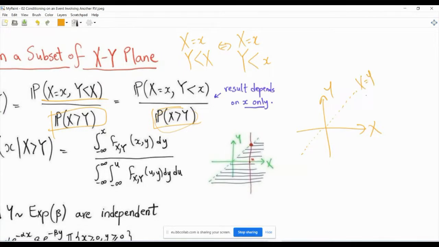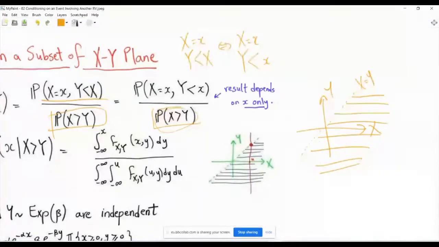Okay. Now, what is our event? Our event is x greater than y. Okay. So where is x greater than y? So x greater than y is this side here. Right. So for example, this side here includes the point (1, 0), and x is greater than y. Okay, so it's this half of the plane, not the other half.